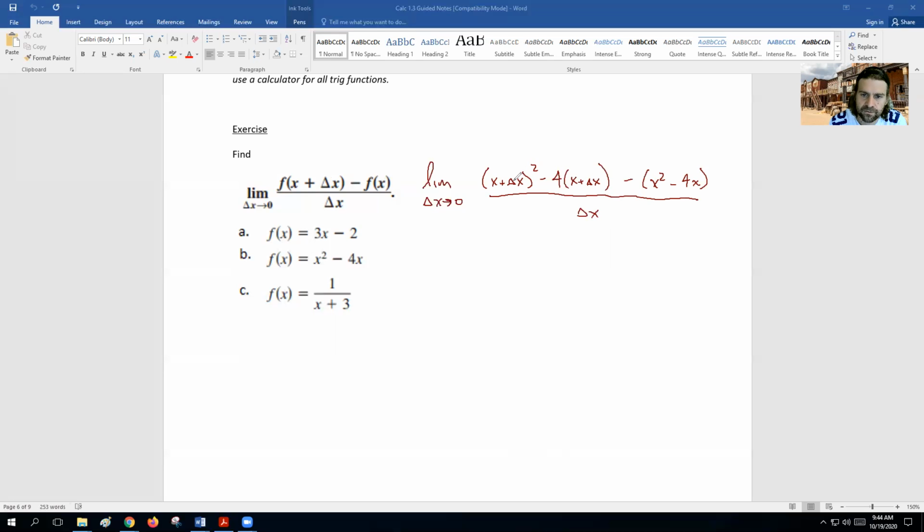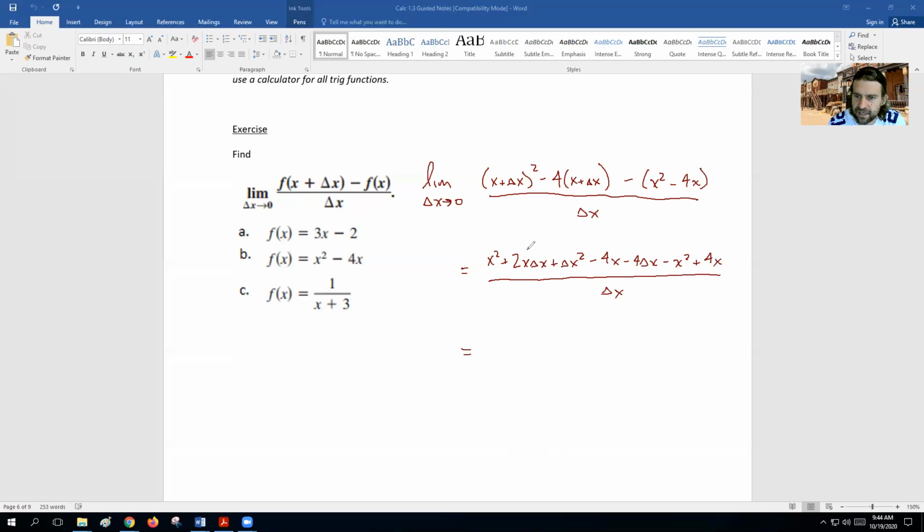So let's see. If I were to FOIL that out, that would become x squared, and then we'd have 2x delta x, and then a delta x squared, and we did that last time. And then distribute the minus 4, so minus 4x minus 4 delta x, and then distribute the minus sign here, minus x squared plus 4x, all over delta x.